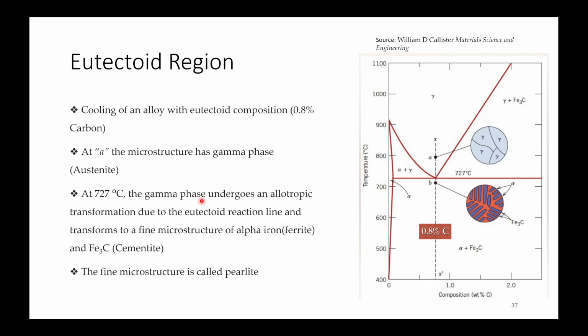So the gamma phase undergoes an allotropic transformation due to the eutectoid reaction line and transforms to a fine microstructure of alpha iron and Fe3C. This is a lamellar type of structure where you will see Fe3C lamellae alternating with alpha, and the fine microstructure is called pearlite.